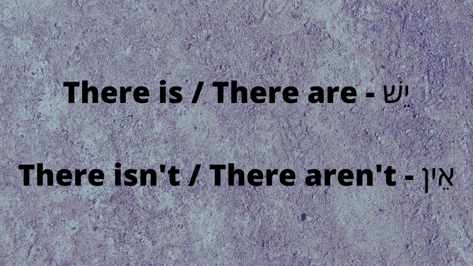So, how do we conjugate Yesh and Eyn? As you recall from the previous video, Yesh literally means there is or there are, while Eyn means there isn't or there aren't.